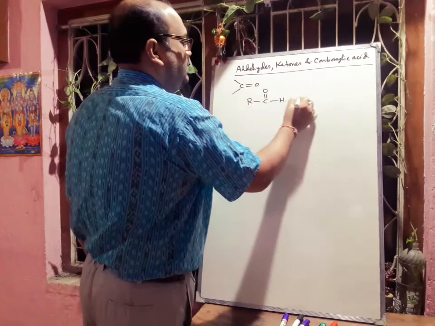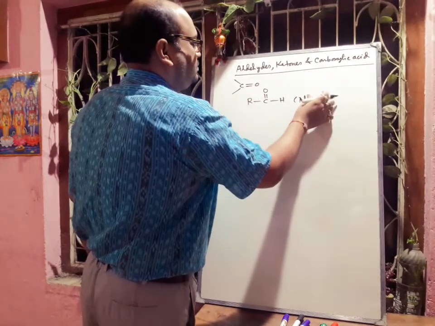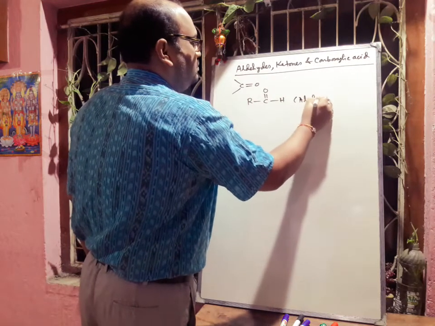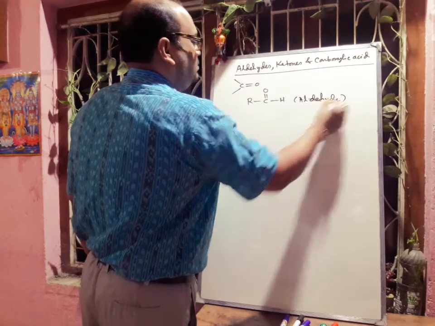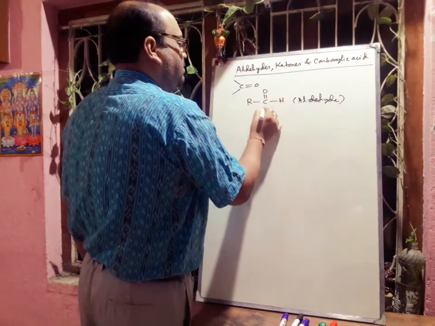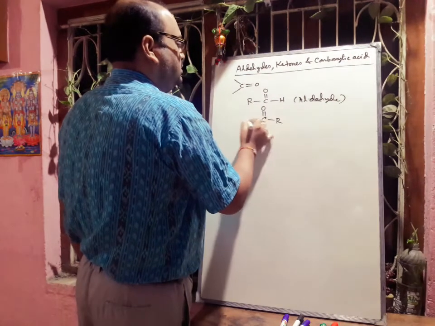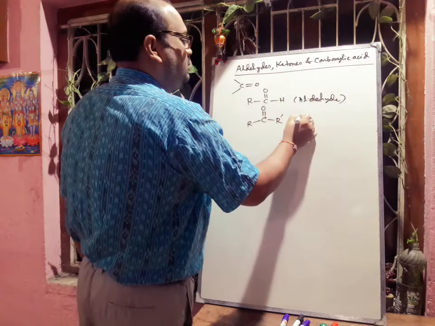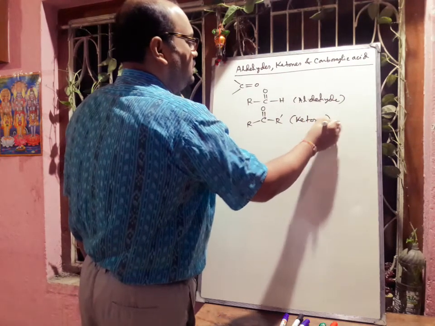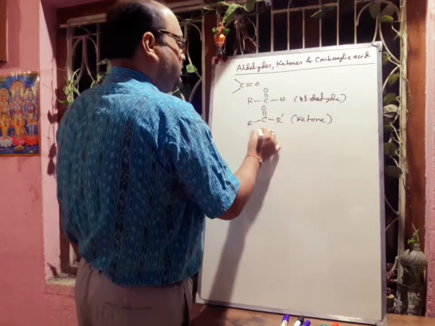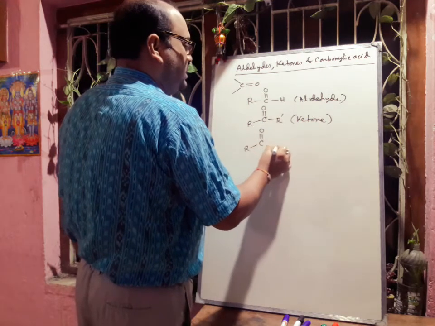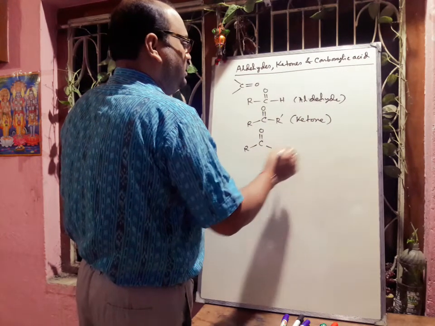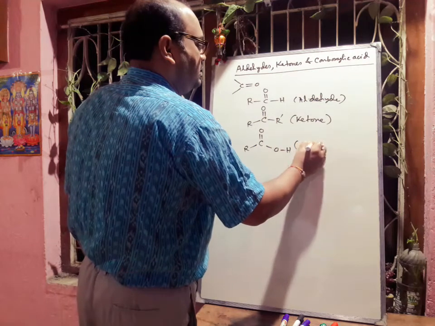This one is the aldehyde. And if on both sides of the carbonyl group there is R, then it is called a ketone. And if on one side there is R and on the other side OH, then it is called a carboxylic acid.